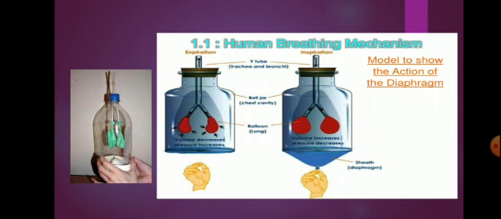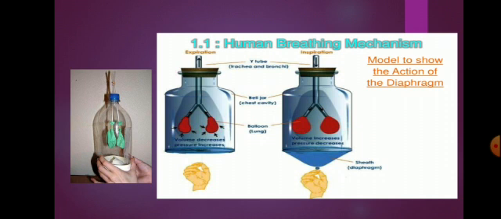When the diaphragm moves downwards during inhaling, the lungs get filled with air. But when the diaphragm moves upwards during exhaling, the air is forced to go out of the lungs.